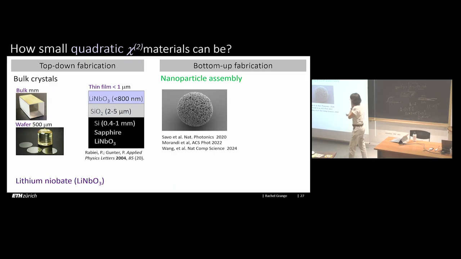Now let's change the system a bit, but not the properties of the material. Here we are also working on nanoparticle assembly. I started working with particles even before these thin-film platforms were available, because the fabrication is much easier and the systems are even more flexible, even though it's not integrated.